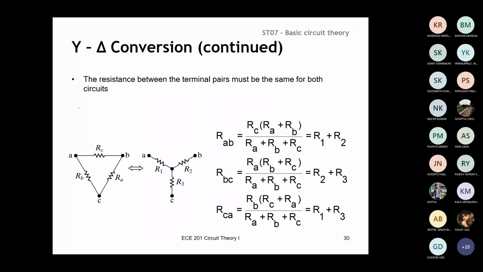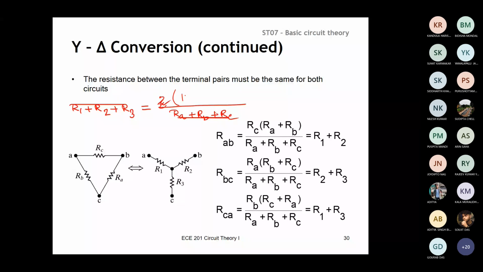if we add all these three equations, R1 plus R2 plus R3 is equal to the summation of this, RA, RB, and RC, and in the numerator 2 into... so on both sides that 2 will get cancelled.